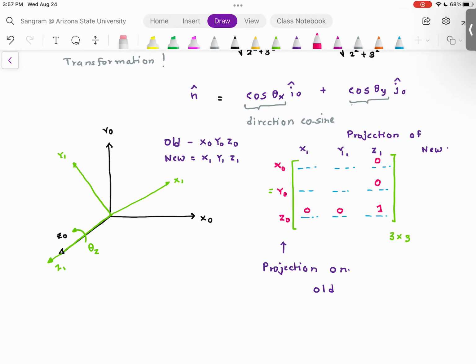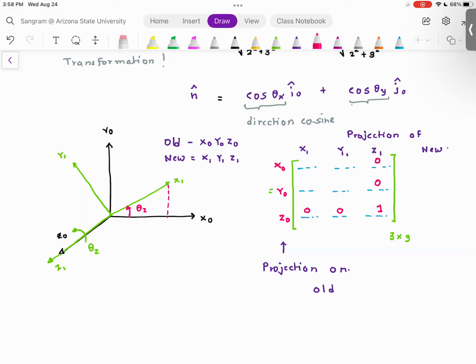So now I'm left with filling these 4 blanks. But I'm going to use the same approach, and I will do it step by step. So let's look at x1. Draw a vertical line. So now my question is, do you agree with me this is theta z? Projection of x1 onto x0.